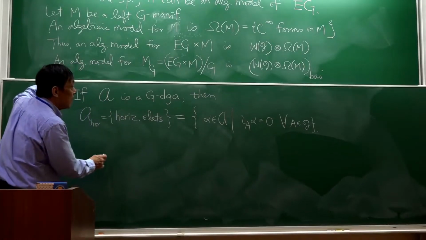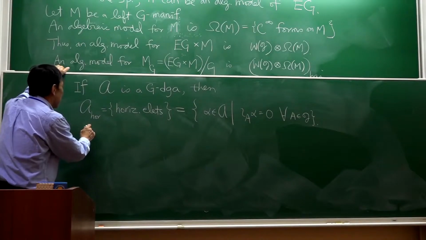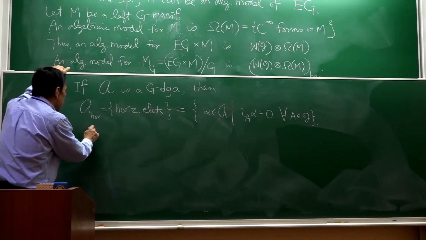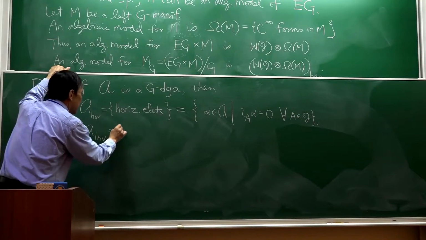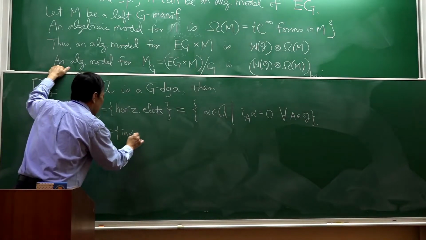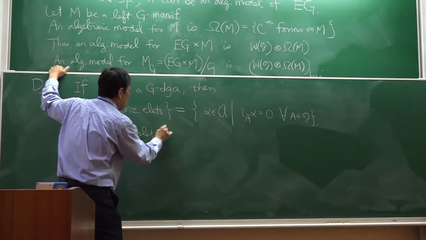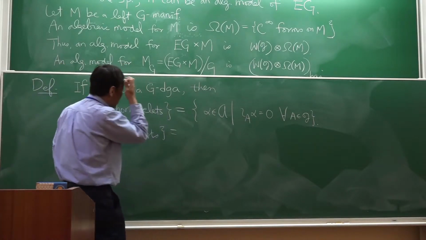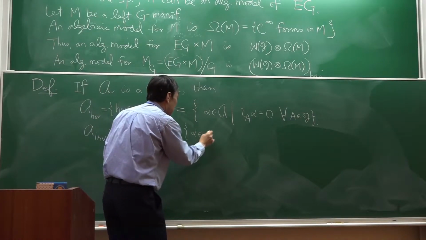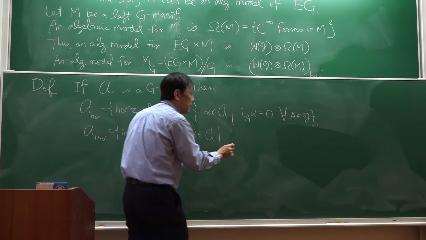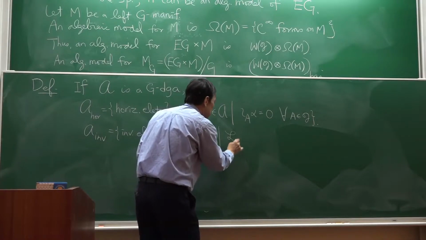Okay? And then invariant elements, the invariant elements are those such that the Lie derivative is 0.